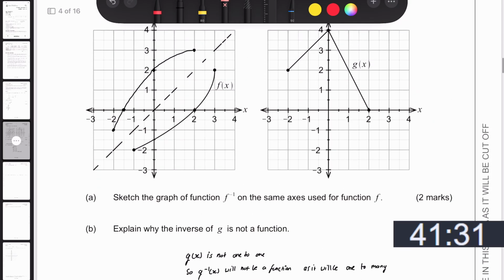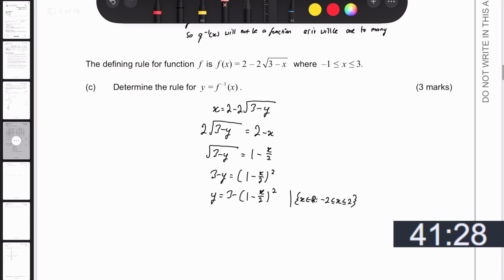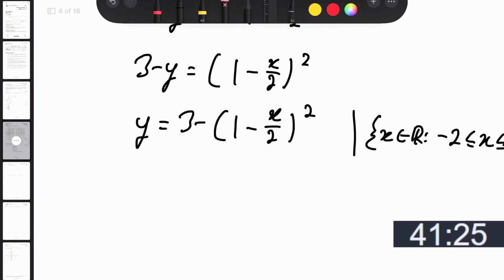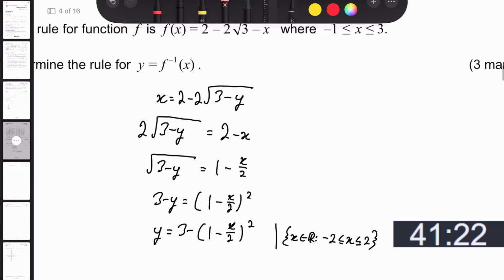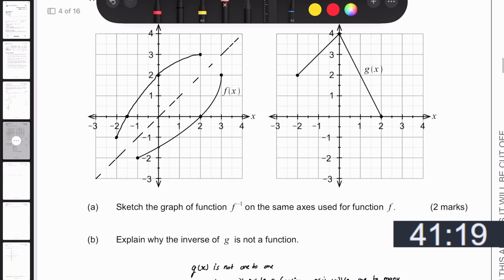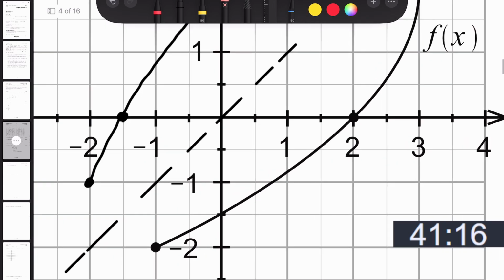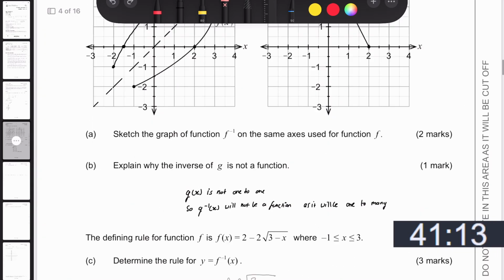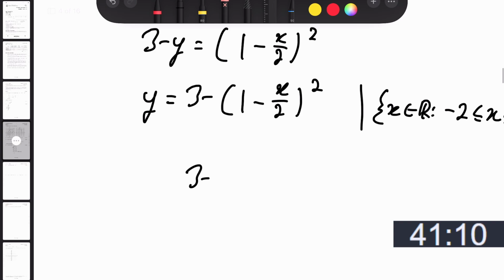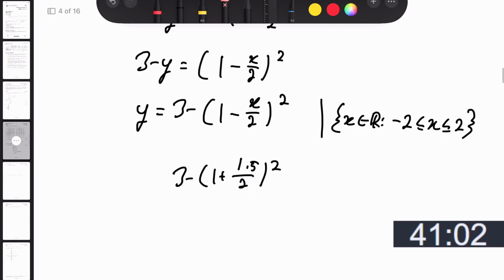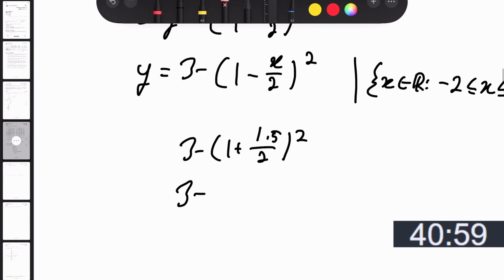If you sub in 2, that. But I can't sub in this, negative 1.5. 1 plus 1.5 all over 2 squared.